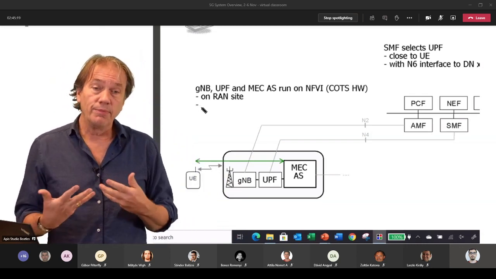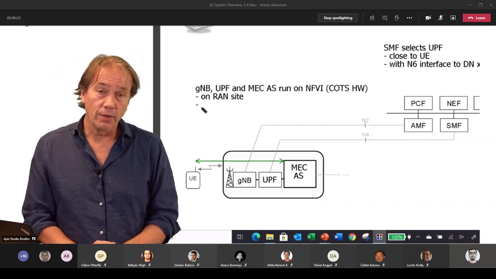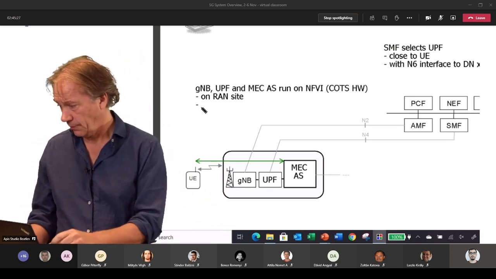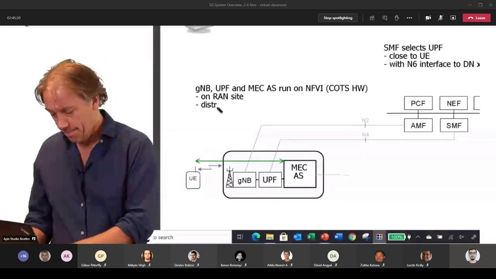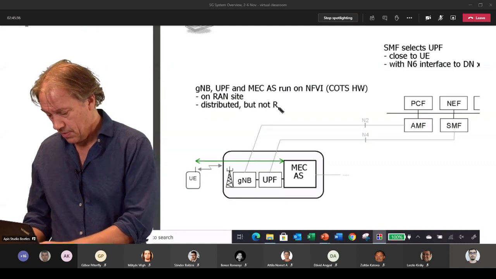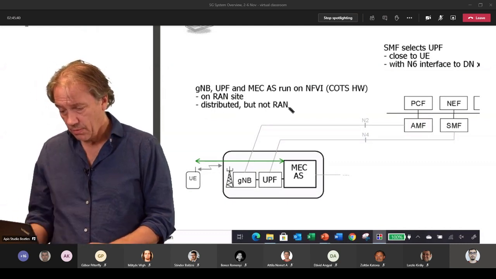So distributed, but not necessarily on each rooftop where we have gNodeBs.